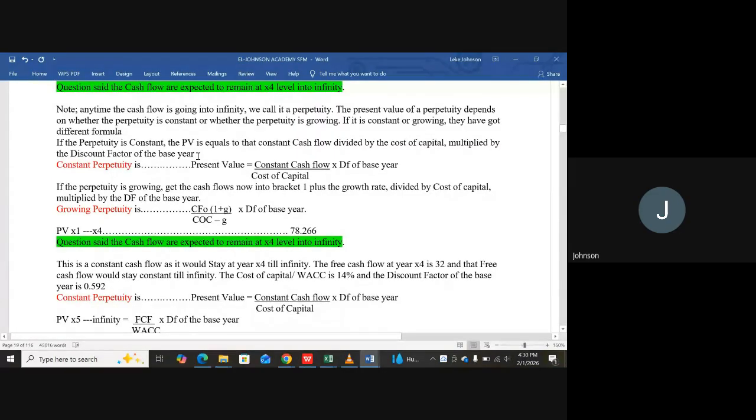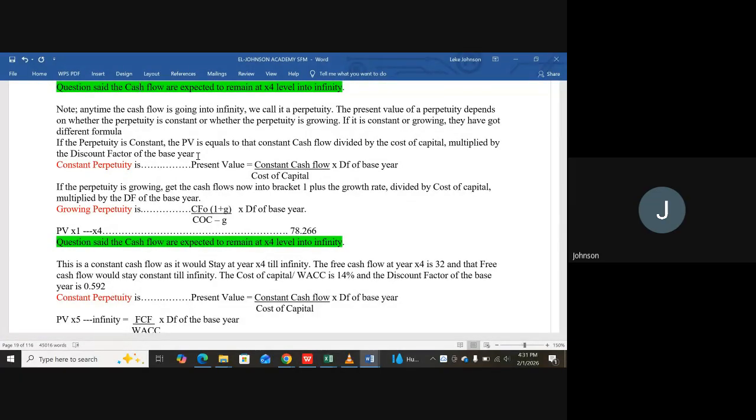Forget the present value of this perpetuity. The reason is because we already know that this perpetuity is not growing. This perpetuity is constant. So you will not see growth in the formula. But for a perpetuity that is growing, you are going to see growth in the formula.